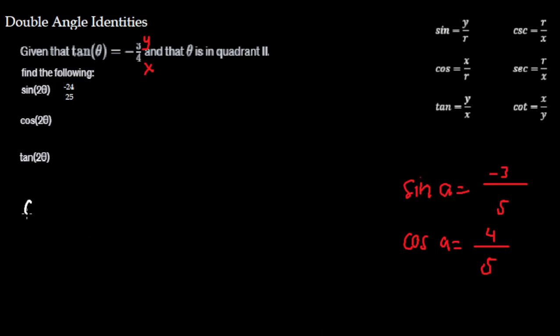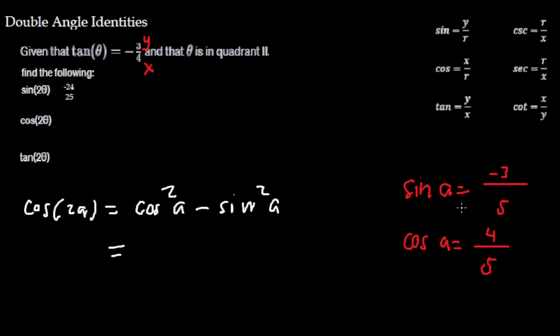Sulat natin. Cosine of 2a is equal to cosine squared of a minus sine squared of a. Now, let us plug in the values.